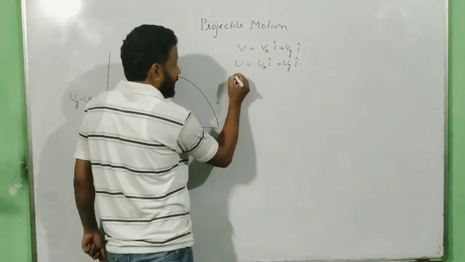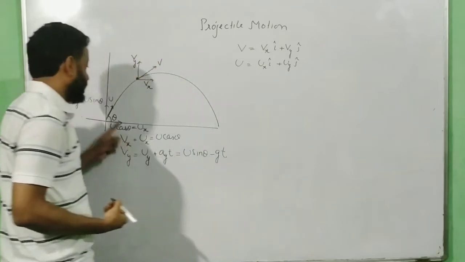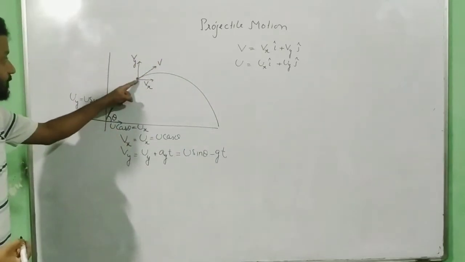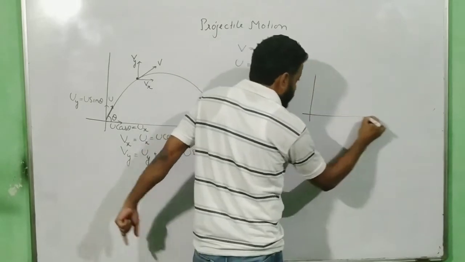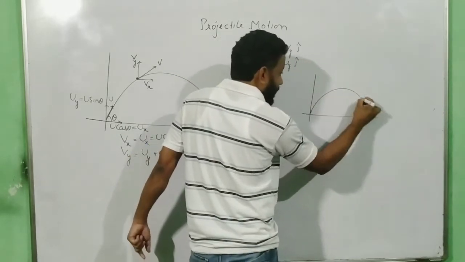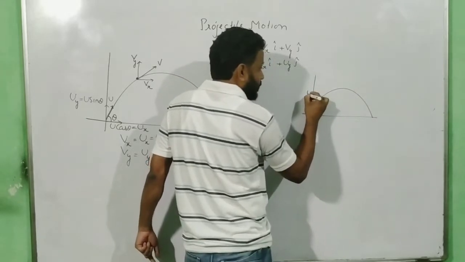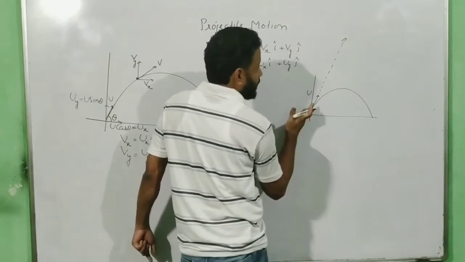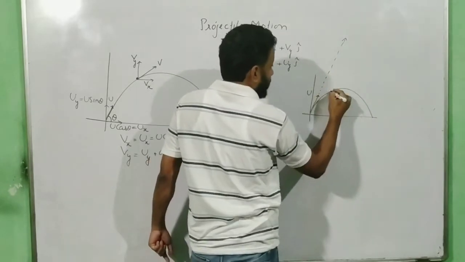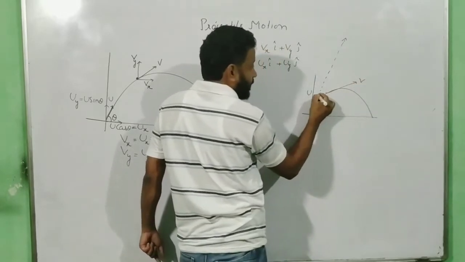Suppose I want to know the angle between this velocity and this velocity. You may not be able to understand this with that diagram, so let us draw another diagram over here. This is my initial velocity direction, that is u. Let us extrapolate this u in this direction. So u is pointing along this direction. What about v? v is in this direction, so let us extrapolate this backward.